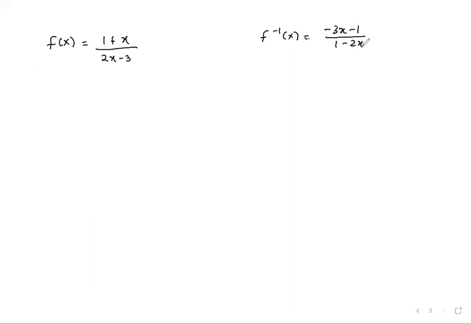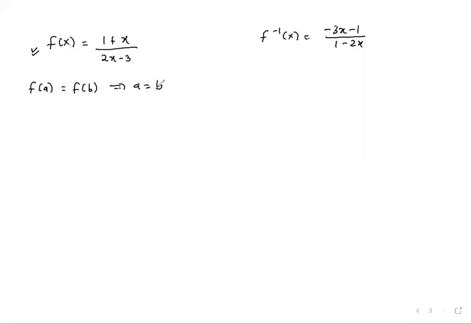Then we check if this is one-to-one. So f of a equal to f of b should imply that a is equal to b if f is one-to-one. If a function is one-to-one, you start with f of a equal to f of b and end with a equal to b. If you fail to get there, then it is not one-to-one.